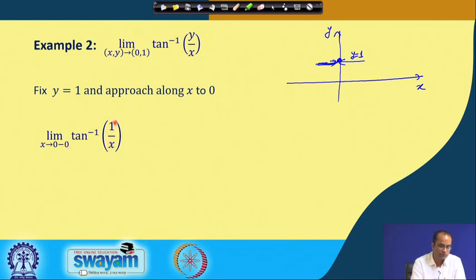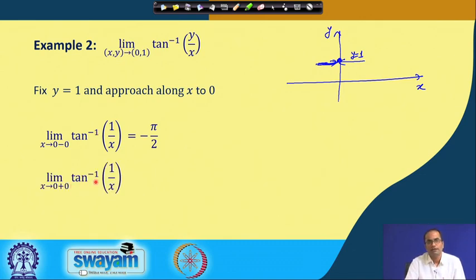So, as x approaches 0 from the left, this 1 over x will approach minus infinity. So, tan inverse of minus infinity will give minus pi by 2. Similarly, if we approach this point from the right side of this (0, 1) point, then this will become infinity and tan inverse infinity, so we will get the limit as pi by 2.